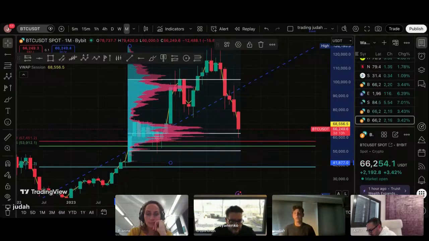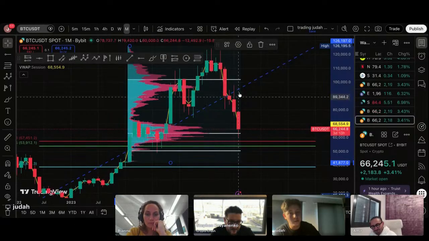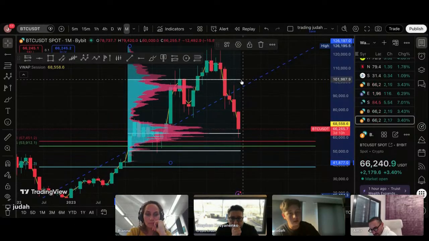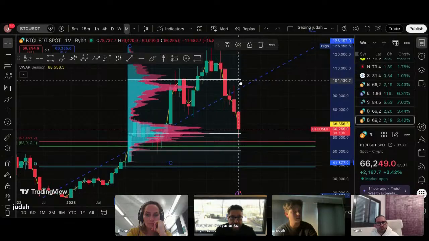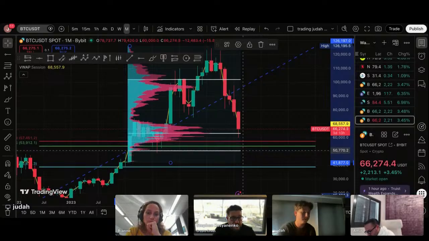The POC is actually considered a fair Bitcoin price. If you go to 100,000, 101,000, 102,000, that's considered expensive for Bitcoin. That's the top of the fixed range, called the value area high. At the value area high, Bitcoin is expensive. If you go to the bottom, Bitcoin is considered very cheap.